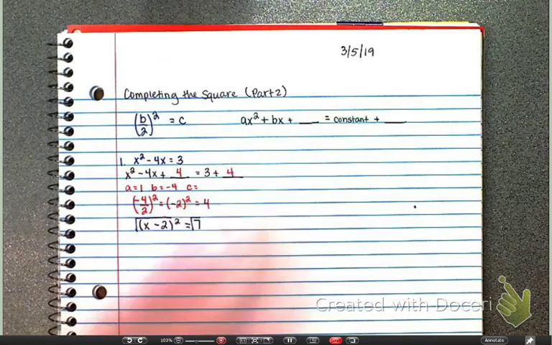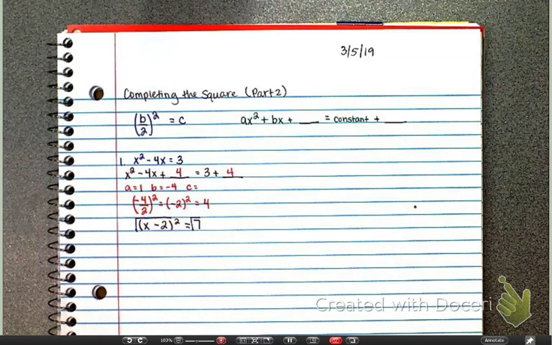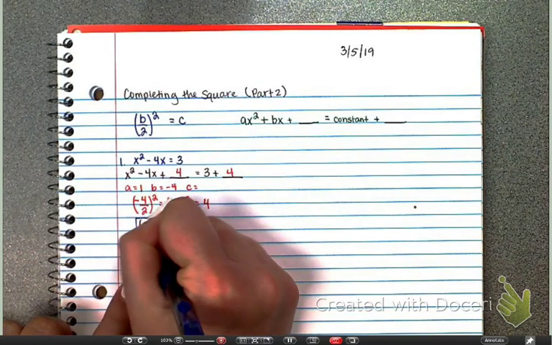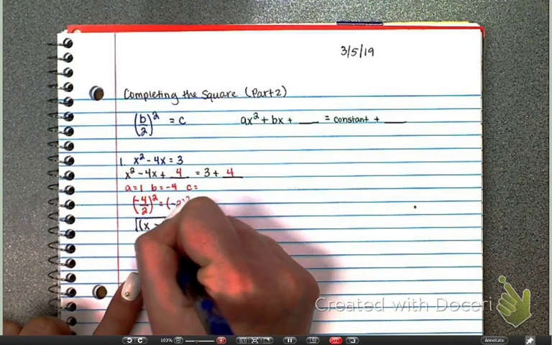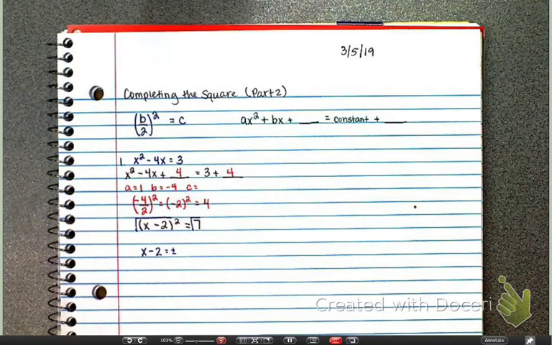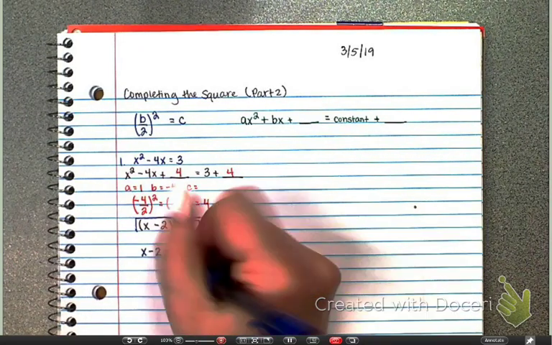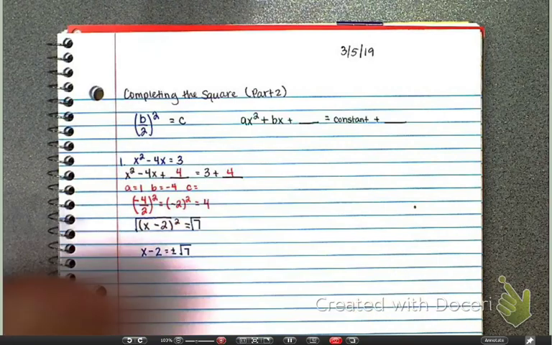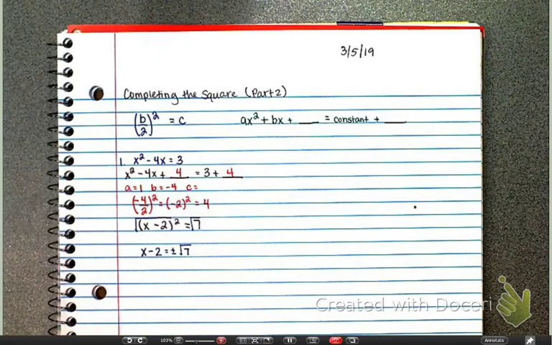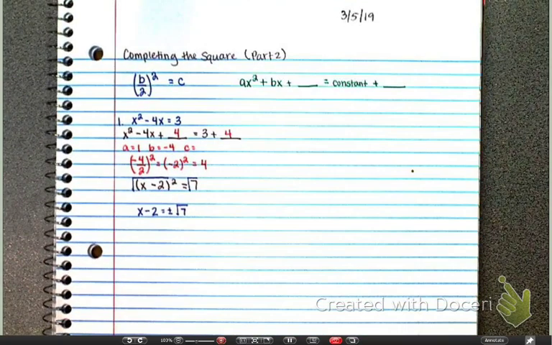So if I take the square root of both sides, the square root of x minus 2 squared is x minus 2 equals plus or minus. Can I simplify the square root of 7? No? So I'm going to keep it. Is x by itself? No?